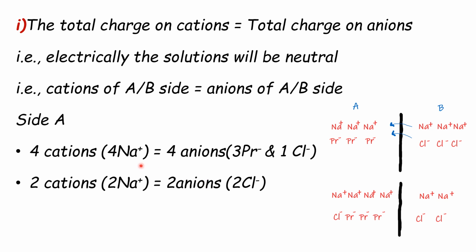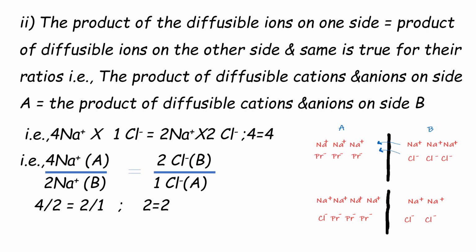So here the cations on side A, that is 4, are equal to the anions on side A, that is 4, and the cations on side B, that is 2, are equal to the anions on side B. So they have arranged themselves in such a way that their concentrations are equal. Now, the product of the diffusible ions on one side is equal to the product of diffusible ions on the other side, and the same is true for their ratios.